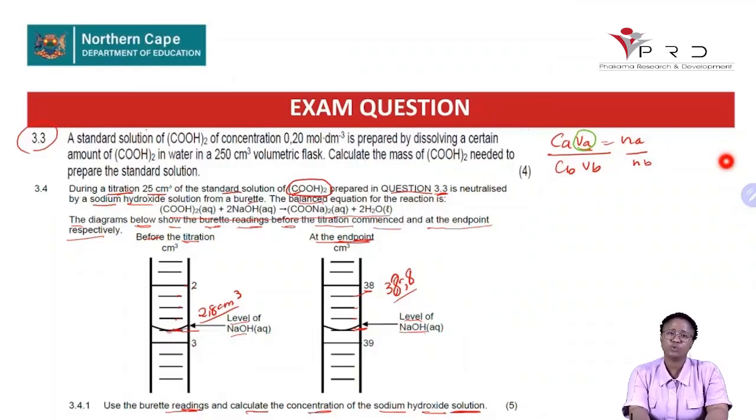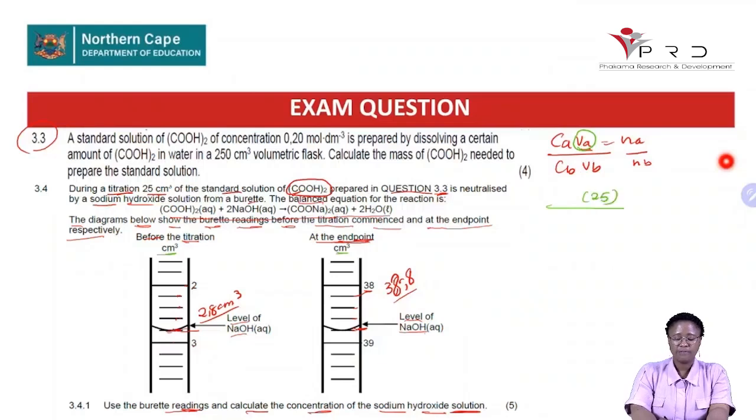I've indicated to you previously that in this formula, we don't really need to convert to decimeter cubed, especially if your volume is in the same units. As you can see, our volumes are in the same units, so I don't really need to convert. So in the place of the volume of the acid, I'm going to put the 25.